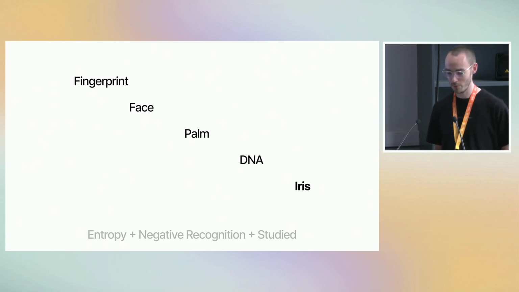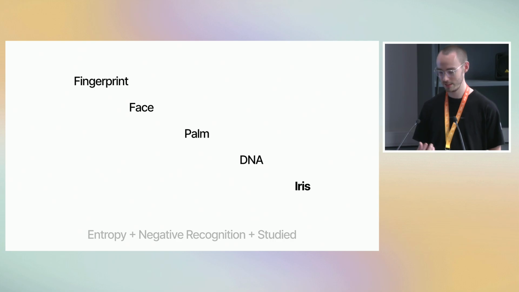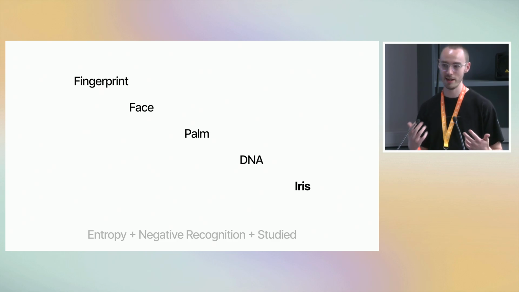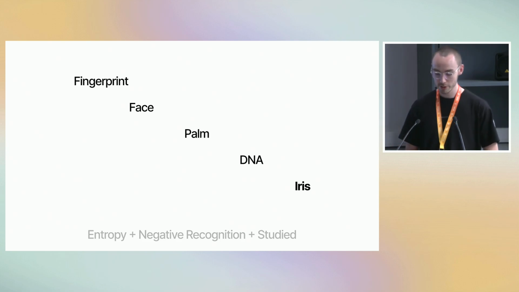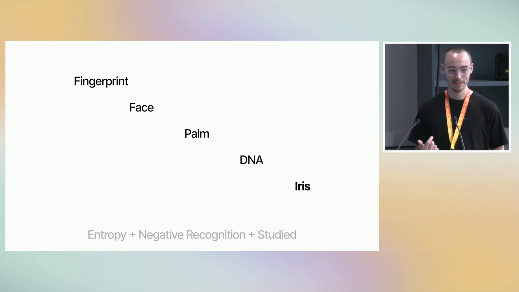We also looked at one of the most data-heavy pieces of biometric information, DNA, but that is impossible to do in a private way. We can't claim to not know anything about who you are if we're using DNA. And it's also really expensive to work with and invasive, and generally something we wanted to stay away from. So we settled on iris biometrics, right? That colored part of your eye around the pupil.